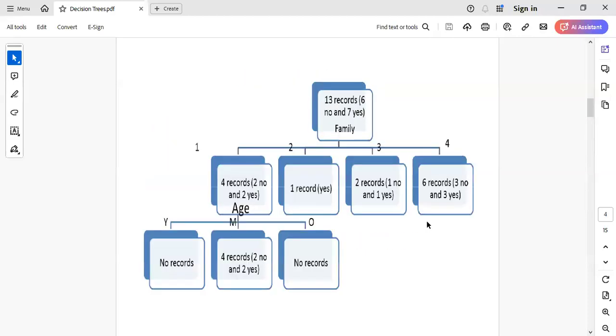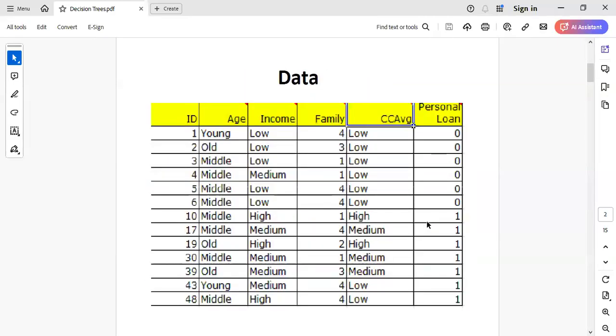Let me go back to our table. Suppose information gain is calculated for ID, age, income, family, and CC average separately. What they found is that the information gain for ID regularly comes out high compared to age, income, family, and CC average.